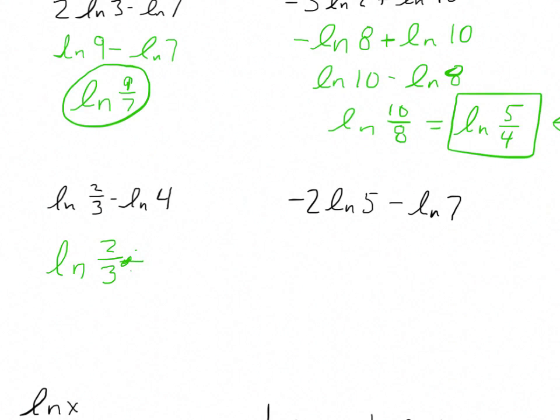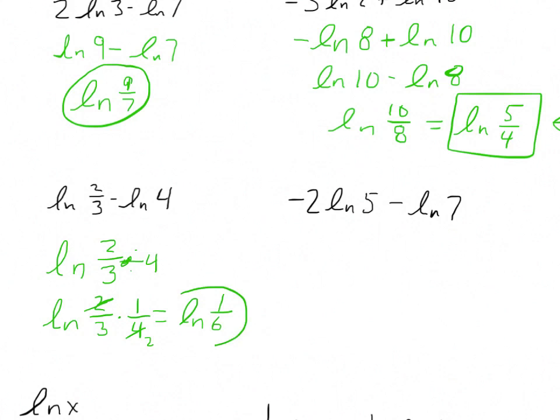Because we're dealing with fractions, it may be more reasonable to do 2/3 times 1/4. And that can even simplify a little bit. This will drop this down to a 2, and I'll end up with the natural log of 1/6. And there's our answer.